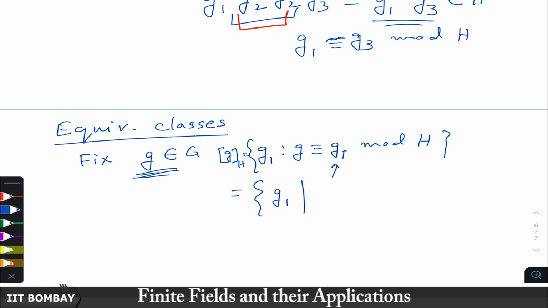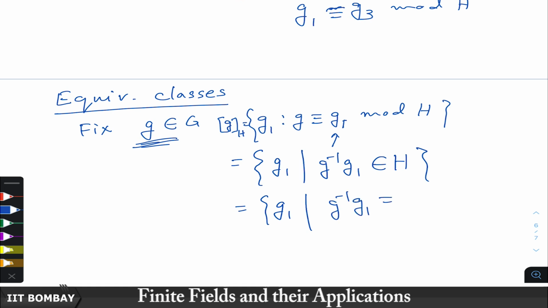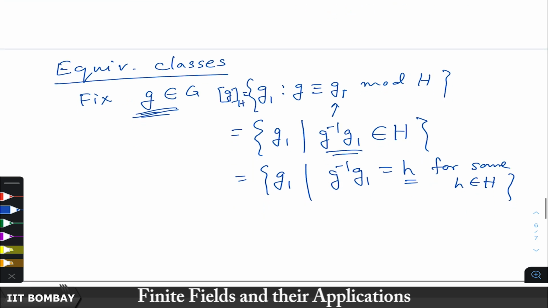This is g1 such that g inverse g1 is in H. That means, these are the elements for which g inverse g1 is equal to small h for some h in H. Right? This is an element in H, which means it is equal to h for some h.